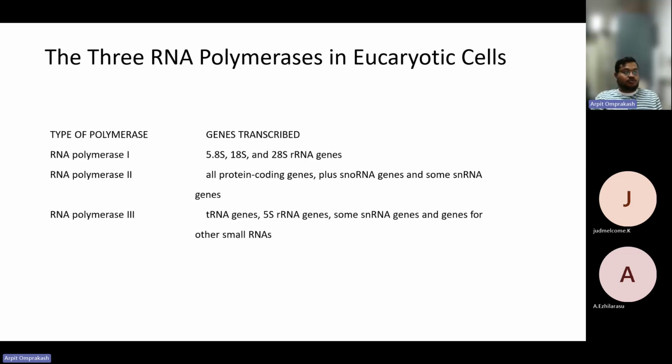RNA polymerase 2 is used for transcription of widespread protein coding genes, and it also transcribes some small nuclear RNA or snRNA. Then we have RNA polymerase 3, which helps transcribe tRNA genes and some rRNA genes and some snRNA genes. Small nuclear RNA, ribosomal RNA.